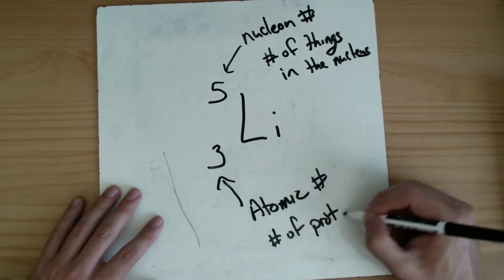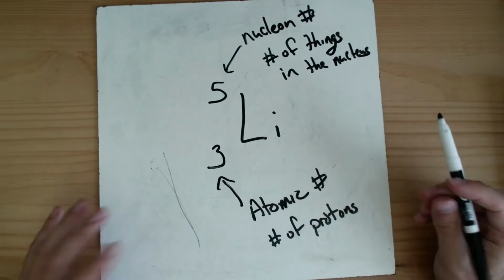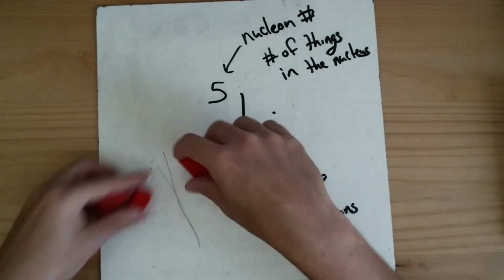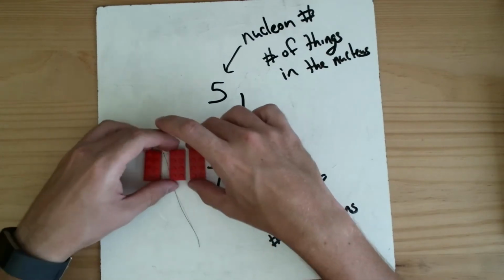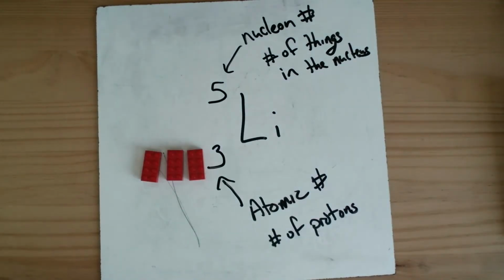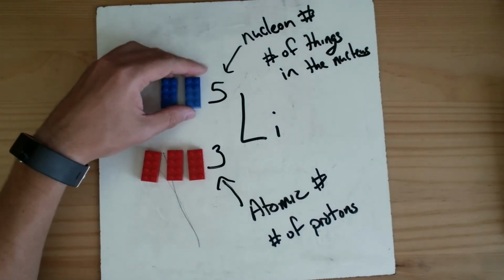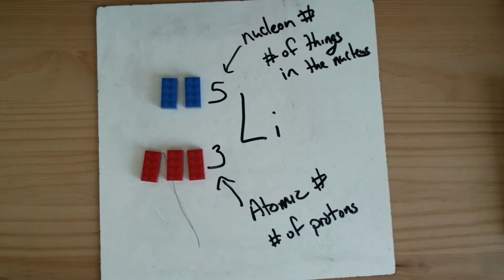Because like I told you, protons give identity to an atom. So the number of protons that I have indicates what type of atom I'm dealing with. So if I come back, I can see that I've got 1, 2, 3 protons here. I know that I have a total number of 5 things in the nucleus, which means I need to have 2 additional things in the nucleus. So there's our atom that we have.